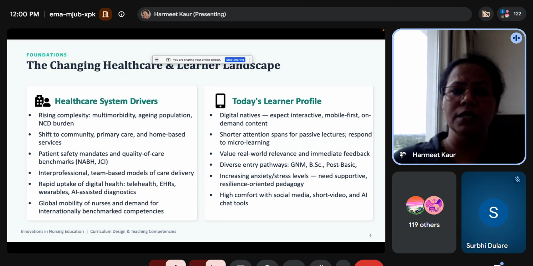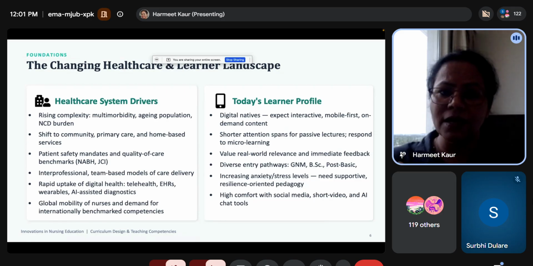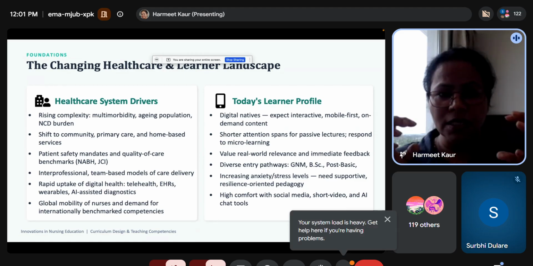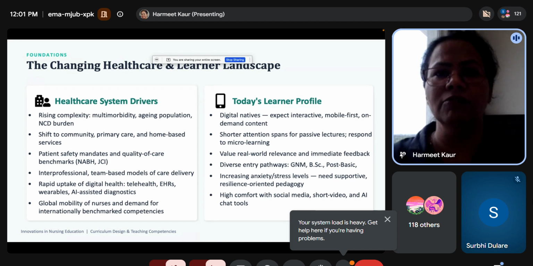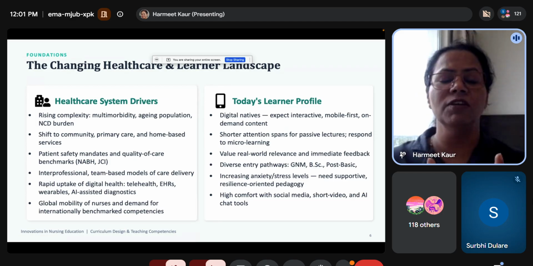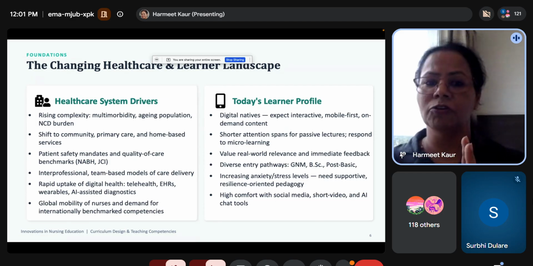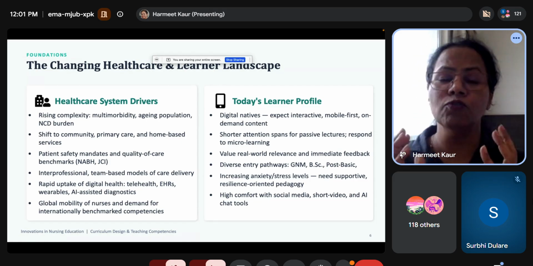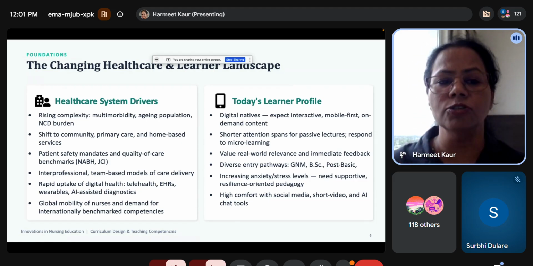Okay, so now the shift is towards more community based care, primary care, and home based services. And in this shift, nurses play a vital role. Because nurses are at the center of this care whenever we are talking about health education, awareness, primary care, home based services. So we need to prepare our nursing students for such types of roles.